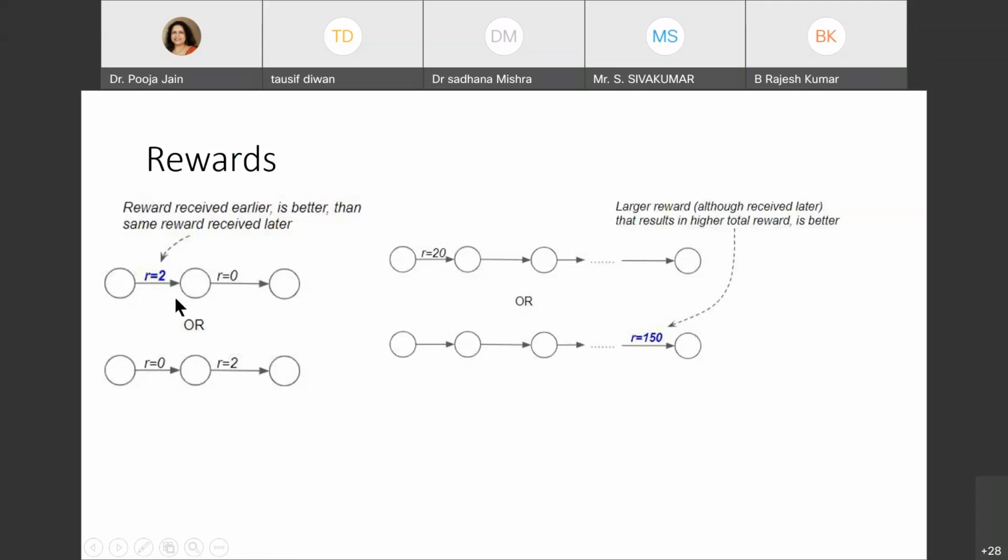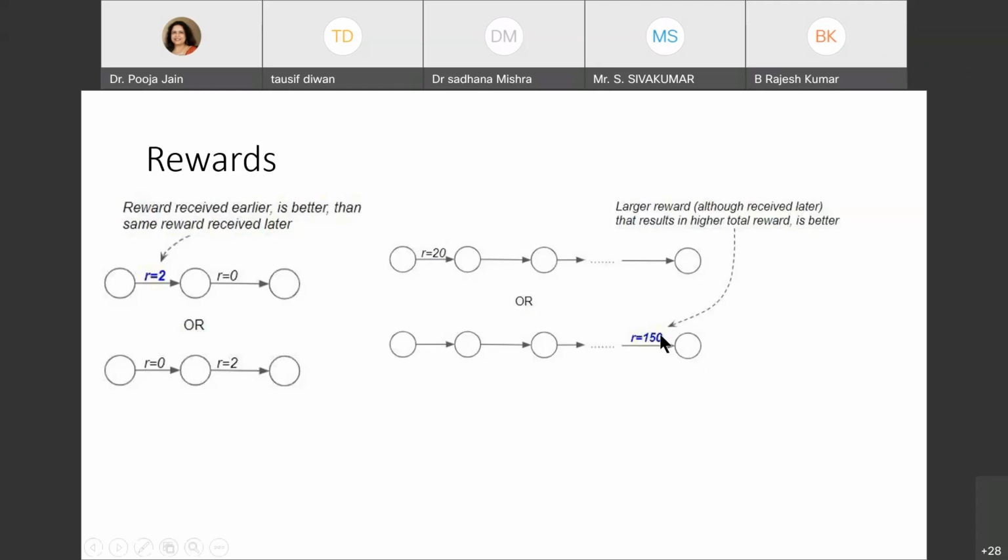Here, you notice the reward is the same; here also the reward is 2, both are positive rewards. One more possibility: here, the reward received earlier is lower, R is equal to 20, a positive reward. Here, this is later.